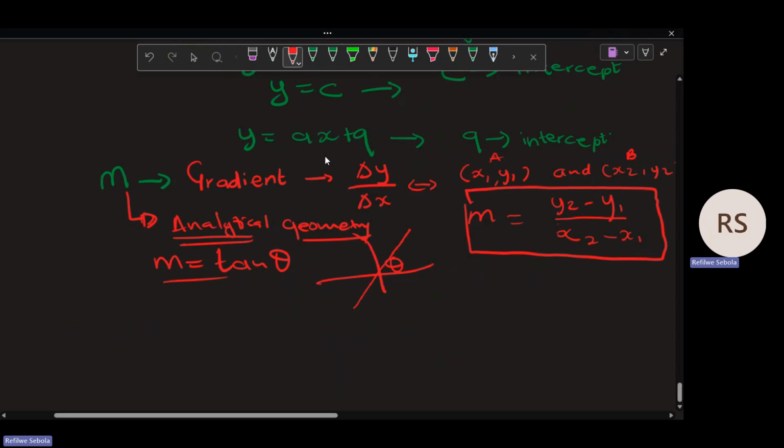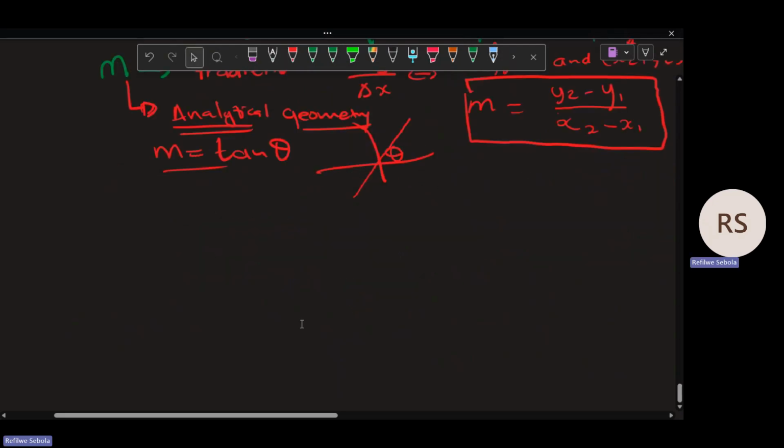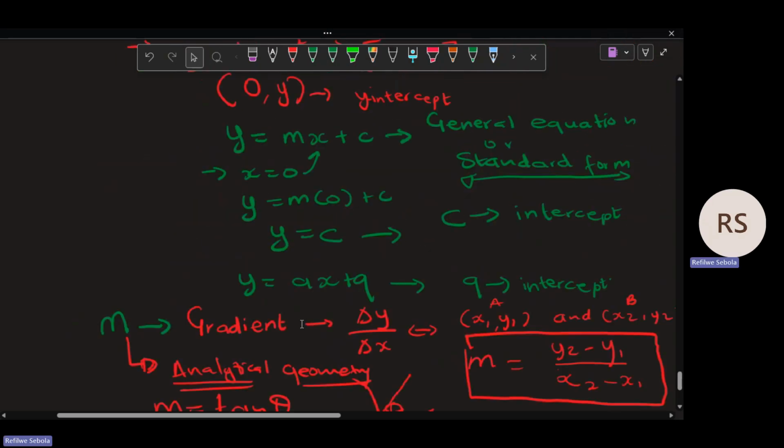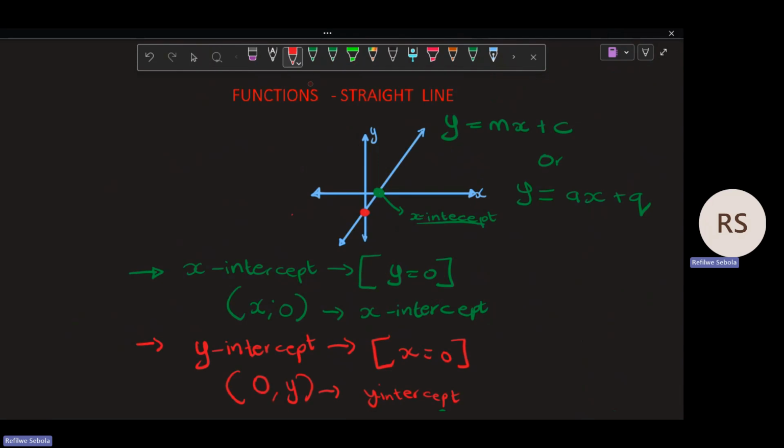Another important concept we need to understand, let us get back to our graph, is what we call the domain. Before writing our domain, let me try to copy.